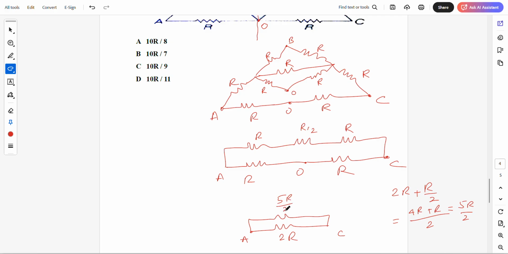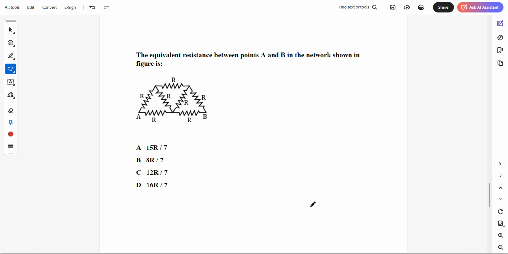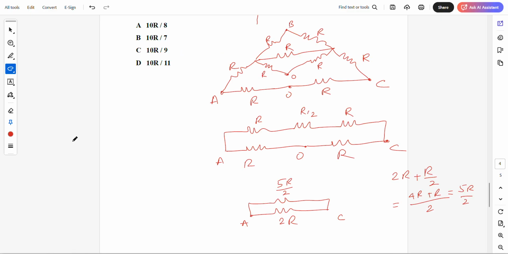5R by 2 in parallel with 2R. So RAC will be how much? RAC will be 5R by 2 into 2R divided by 5R by 2 plus 2R.